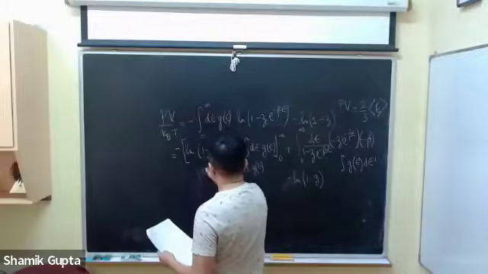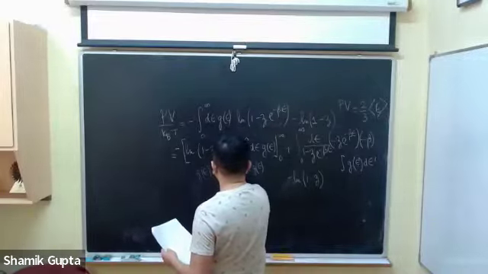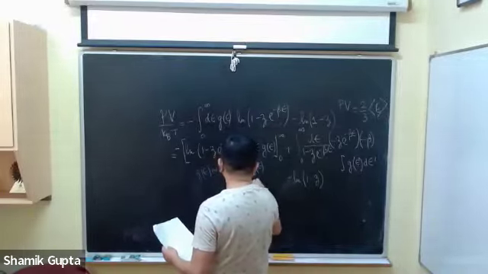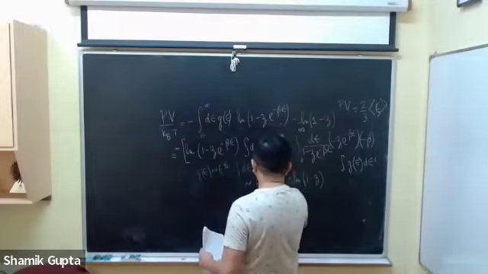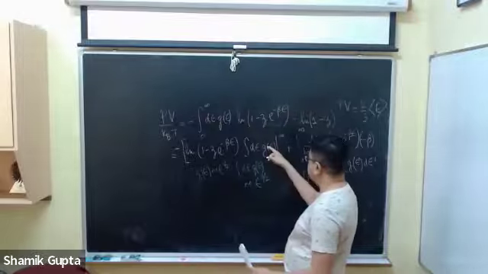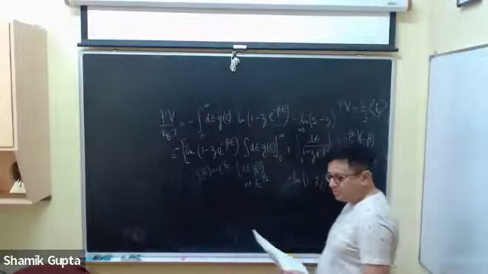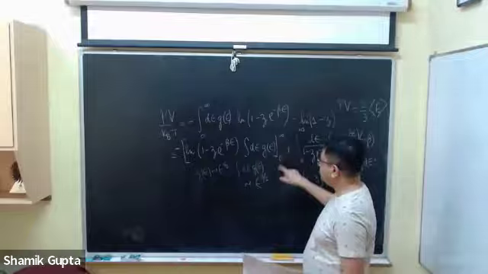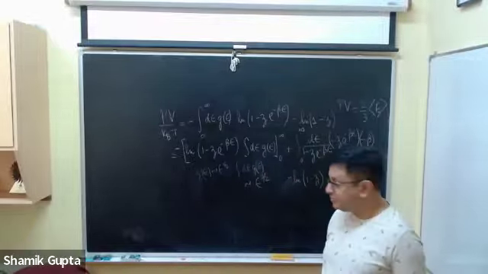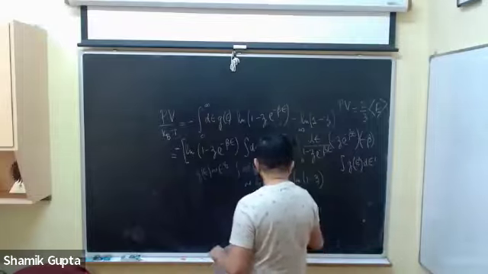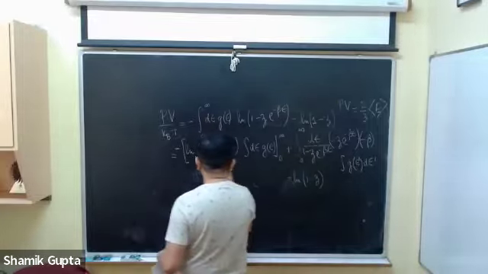Remember that G epsilon goes as epsilon to the power half. So this term would go as epsilon to the power 3 by 2, and when epsilon goes to 0, this term will give you 0. So either from the upper or the lower limit, you get a 0 contribution from the first term. Therefore I can forget about the first term, and I am left with only the second term.